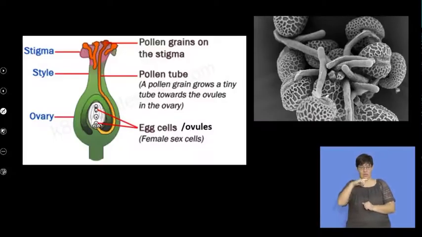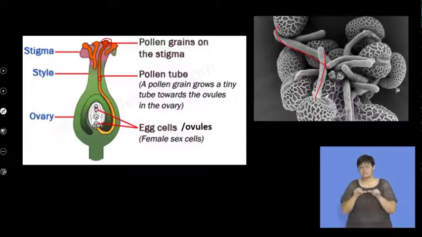I want to show you this diagram over here. It's quite intricate how it happens. You don't need to know the whole process. The pollen lands on the stigma. Now guys, can you see this? This is a pollen tube. It needs to grow a tube because it's carrying a male cell.